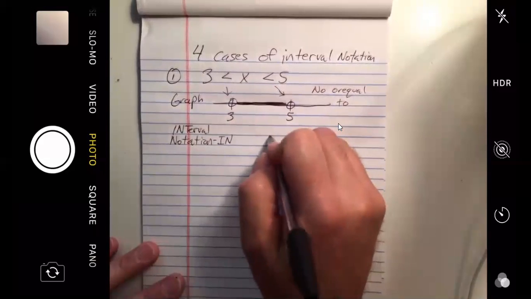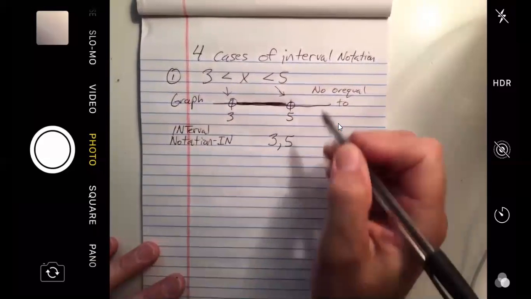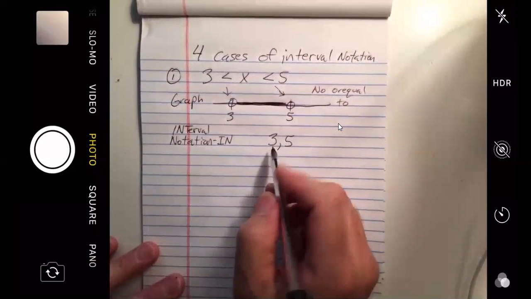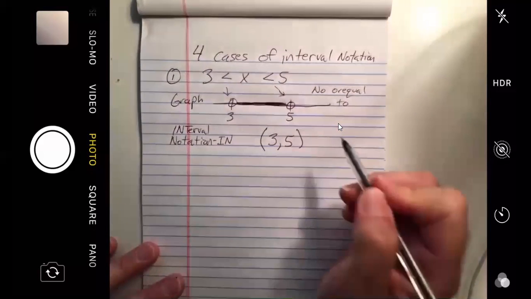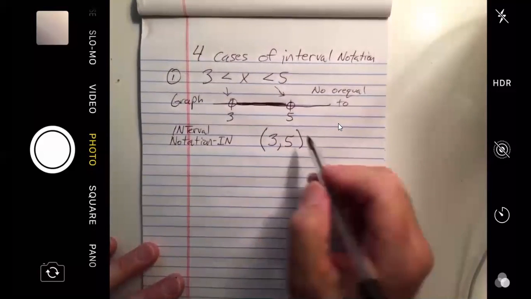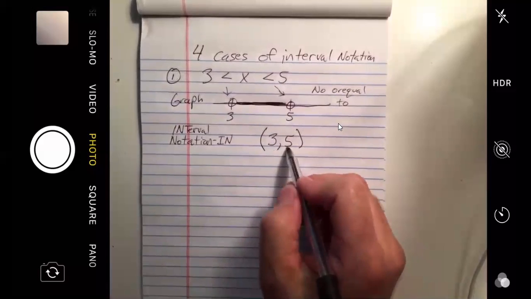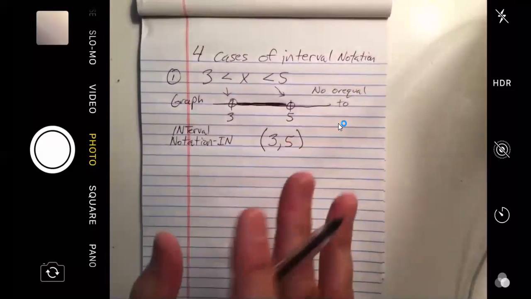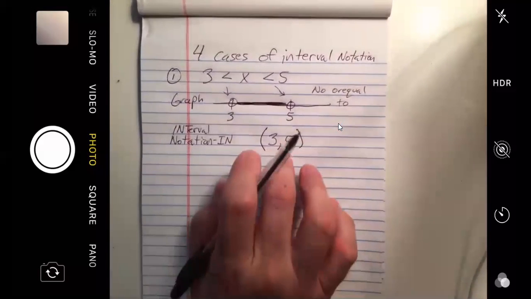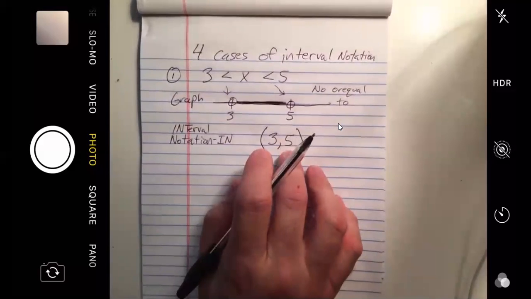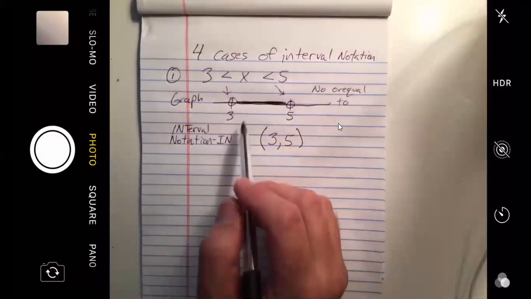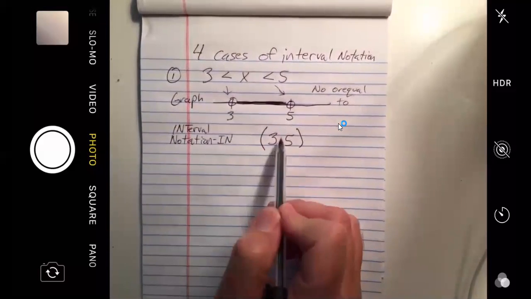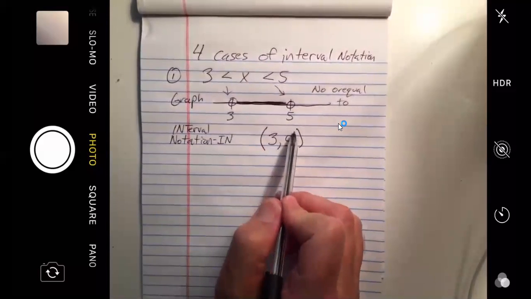You copy down the 3, copy down the 5. And you would use parentheses. This does not mean x is 3, y is 5. It looks identical, but that's the 2D graph case. For a couple of sections, we're going to use the 1D graph case. So the interval notation can be copied directly from the graph.